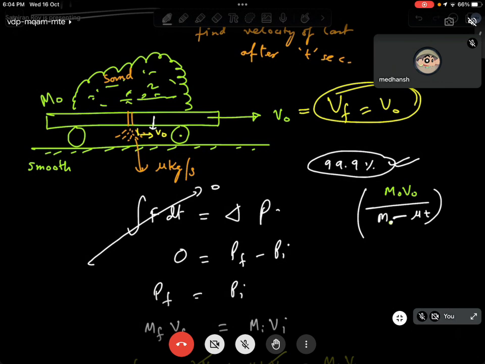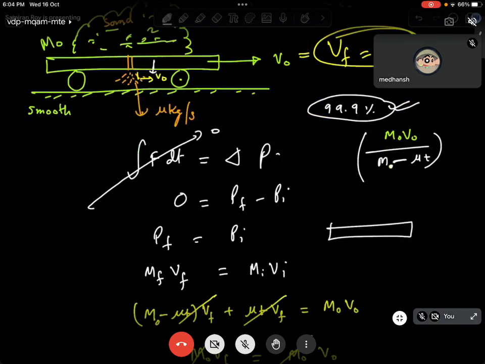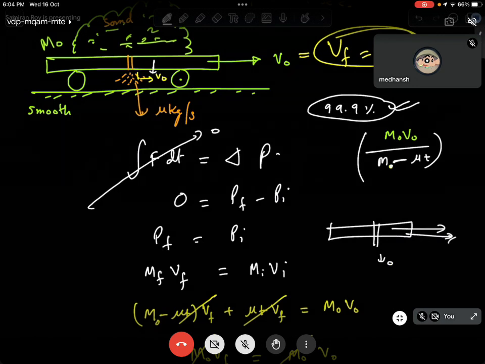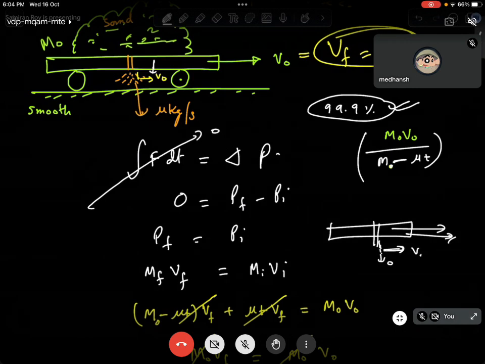The velocity of the stone is not zero, it's also moving at the same velocity. If the falling mass came to rest, then the velocity of the cart would increase, because mass is reducing. But that's not the case. Here the sand leaking from the cart is also moving with v naught, with the velocity of the cart.